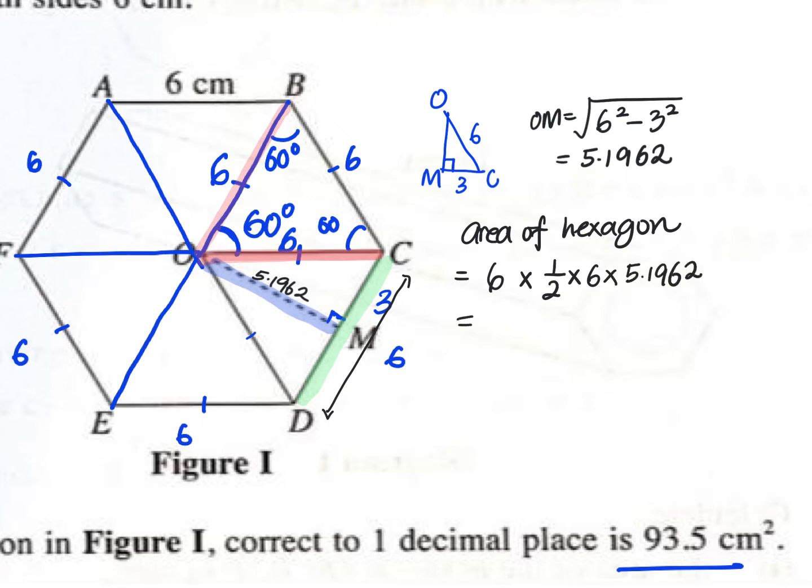And that will give us an area of 93.5316, approximately 93.5 cm square, correct to one decimal place. Right, so this is what they asked us to show. So we found this answer for part a already. Have you gotten the concept? If so, we are going to move on to the next part of the question.